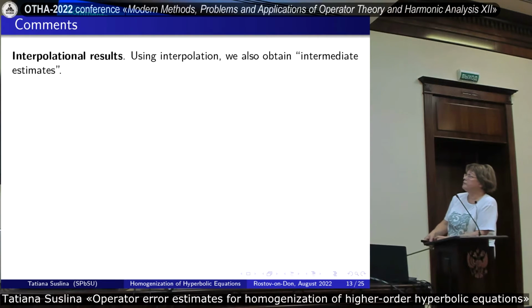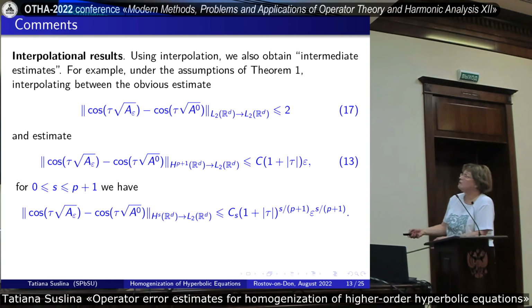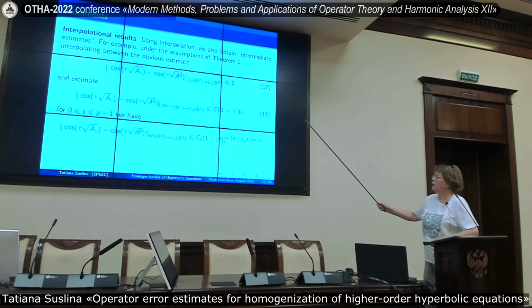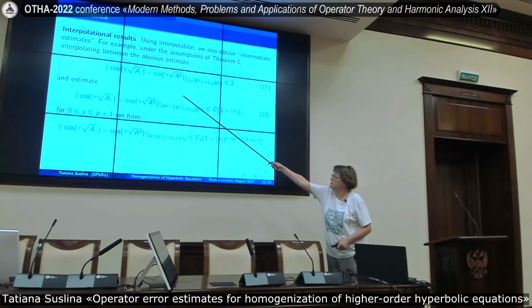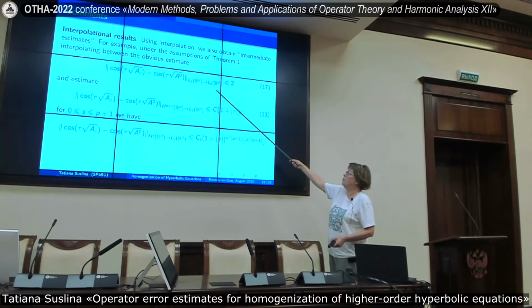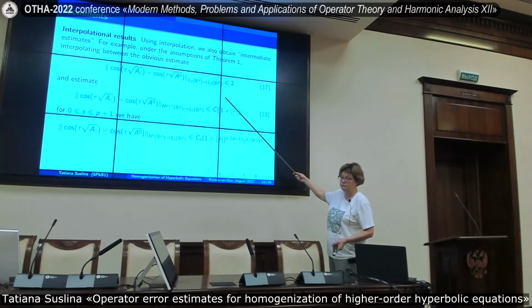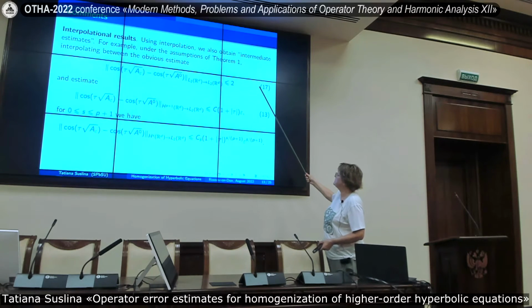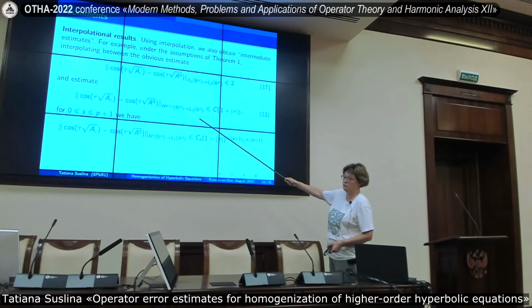Also, we can obtain interpolational results, the so-called intermediate estimates. For example, under the assumptions of theorem 1, we can take the obvious estimate: the difference of cosines in the L2 operator norm obviously does not exceed 2. And we can interpolate between estimate 17 and estimate 13, which is the result of theorem 1.